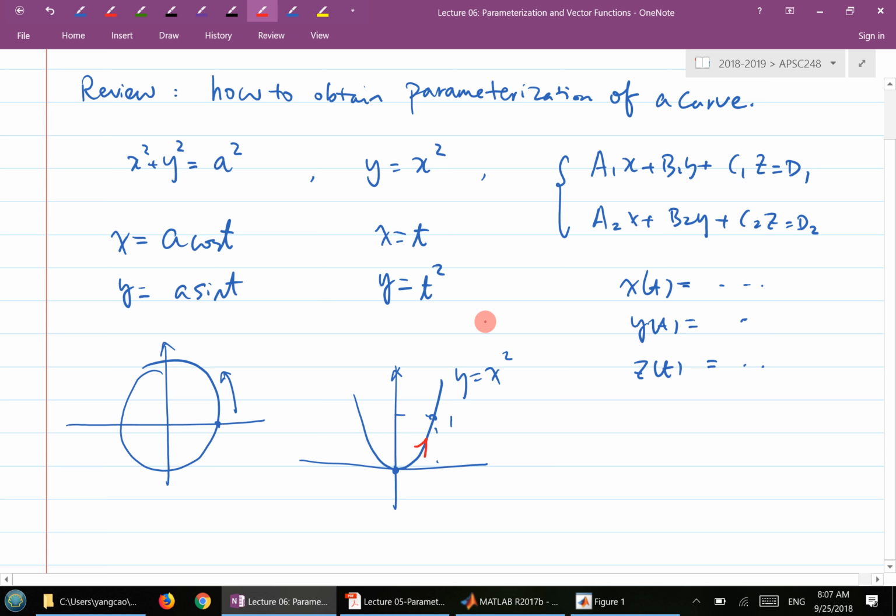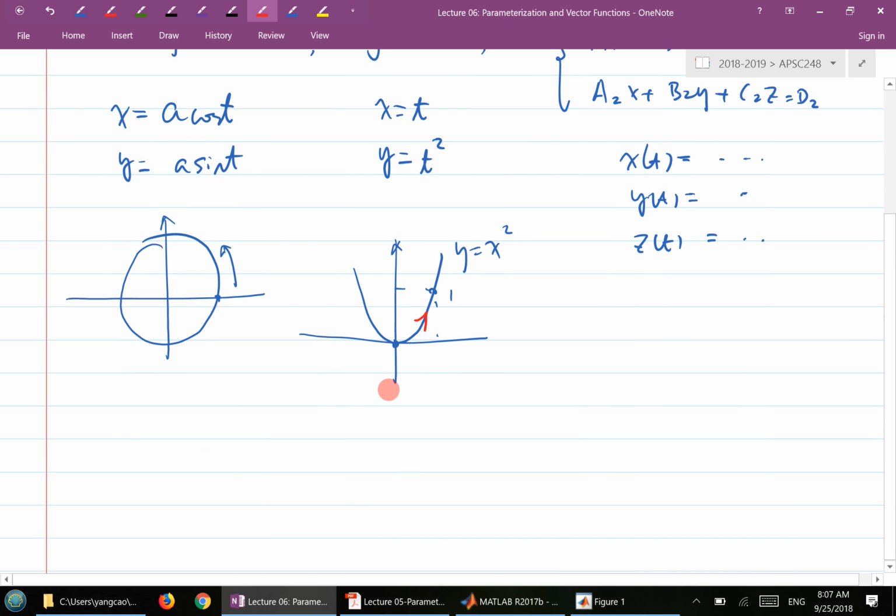Now, the parametric equation is not unique. For this one, I can certainly rederive it to describe a different type of motion. For example, maybe what you really want is a moving particle, let's say starting from here and then going back to 0, 0. So let's say you start here, going back to here, and it's going along this y equal to x squared curve.